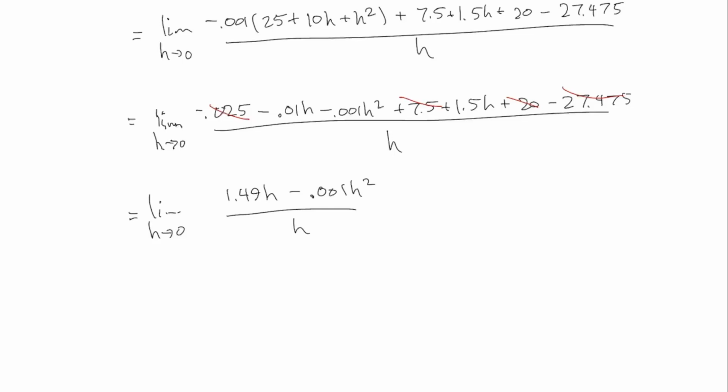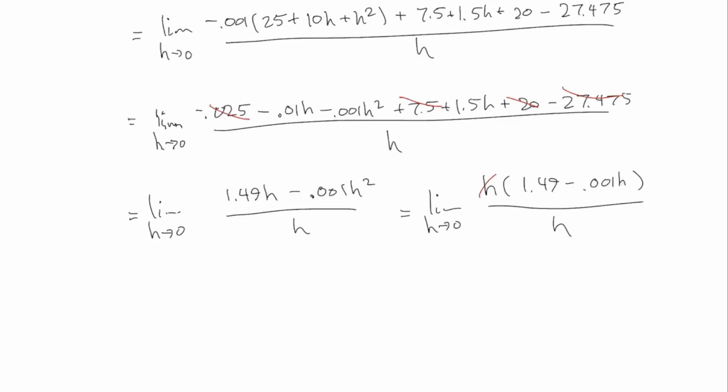We're almost done here with slightly weird numbers. Any experts on this? What should we do next? Towards the end, these all kind of look the same. Yeah. Factor out h on the top. Great. So it says h times 1.49 minus 0.001h, divided by h.